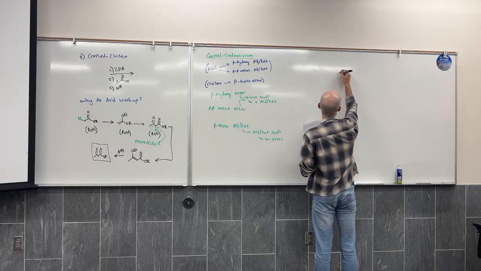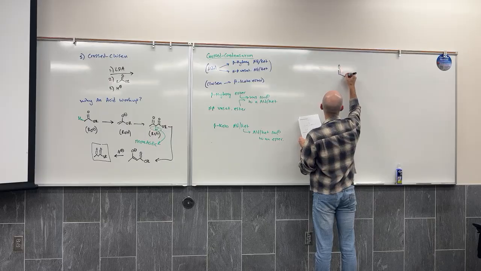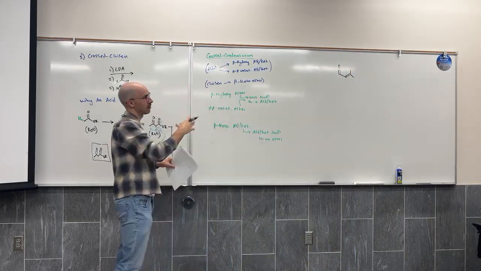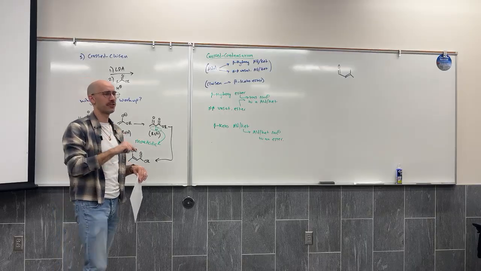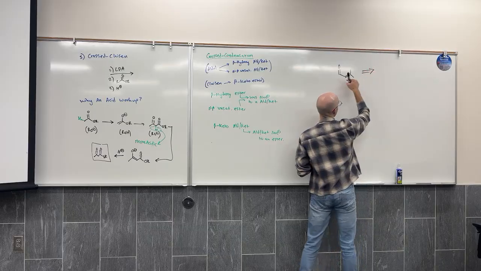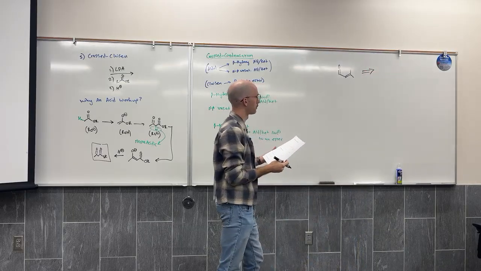Taking from the front side, I'm taking this aldol condensation product, and I want to retrosynthesize it. So I'm actually going to have an arrow that says this came from whatever the arrow is pointing to.